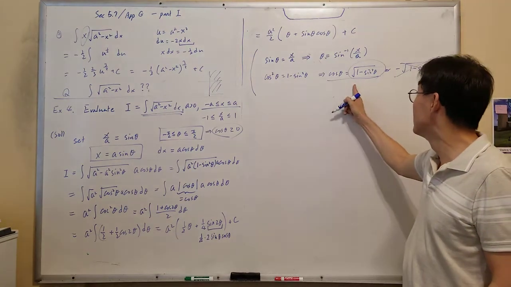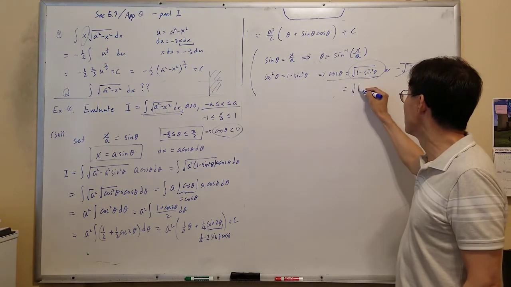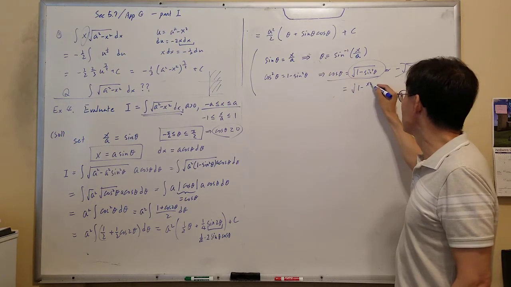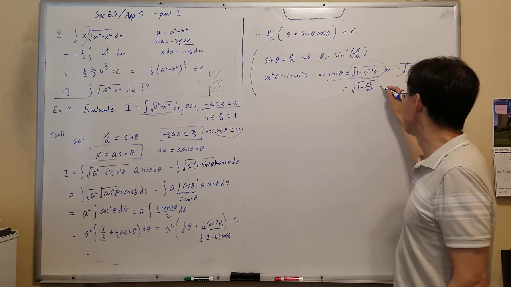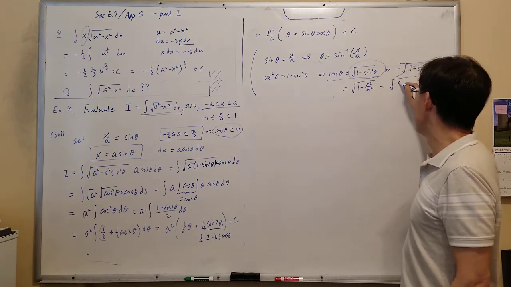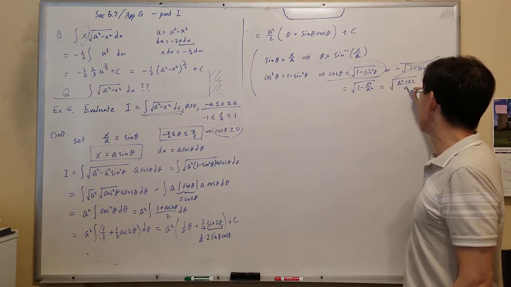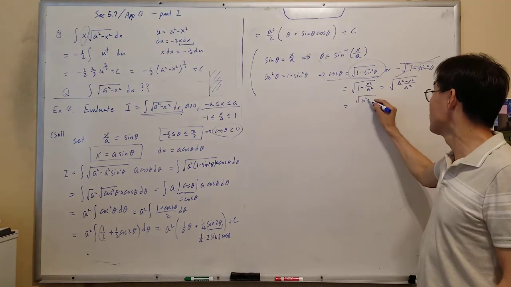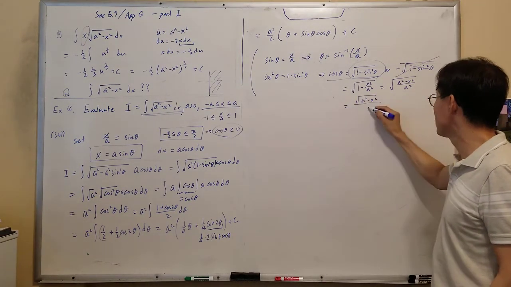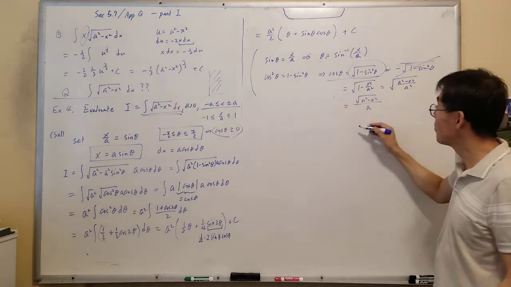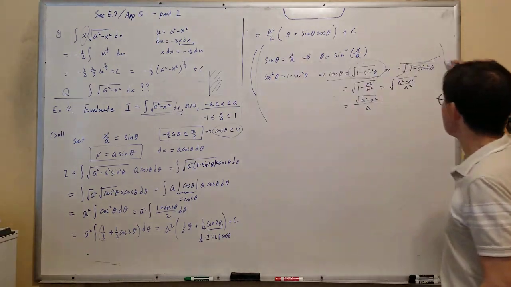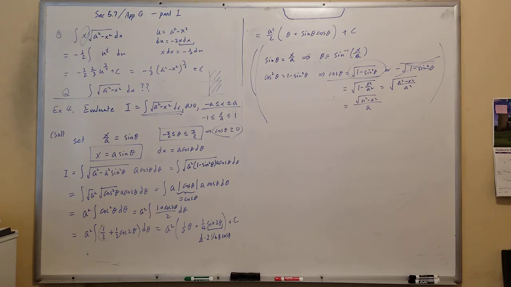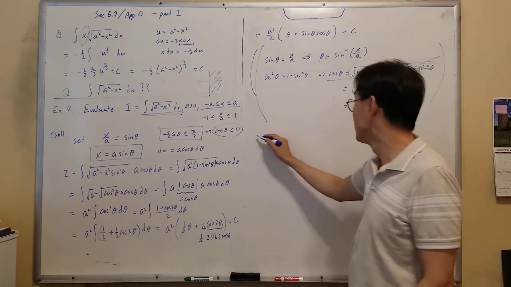So this is 1 minus x squared over a squared, or a squared minus x squared over a squared. Square root of a squared minus x squared. Square root of a squared is a, because a is a positive number. So you can get sine theta, cosine theta, theta, everything in terms of x.